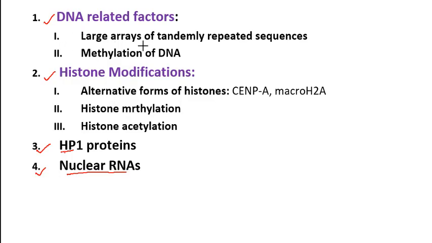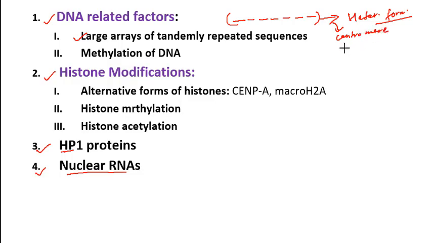So the first factor, DNA: when there is a large array of tandem repeats, the same repeat repeated many times, such DNA sequences favor heterochromatin formation. For example, this type of repeat you will see in the centromere and also in the telomere.